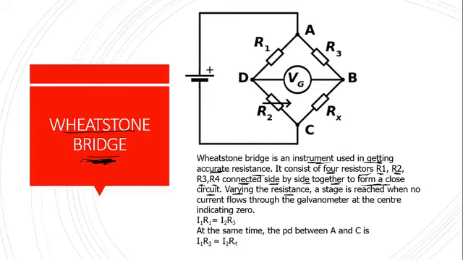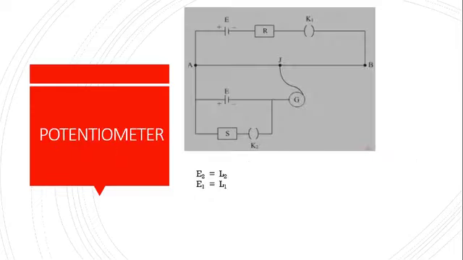So when we vary the resistance, a certain stage is reached where no current flows through the galvanometer at the center, indicating 0. So these are the calculations we have to make for us to arrive at the value that we want.